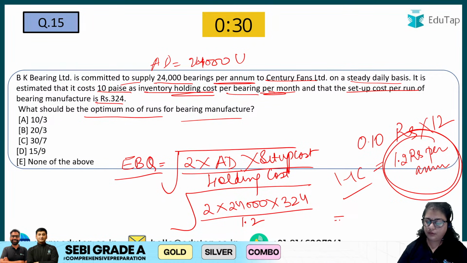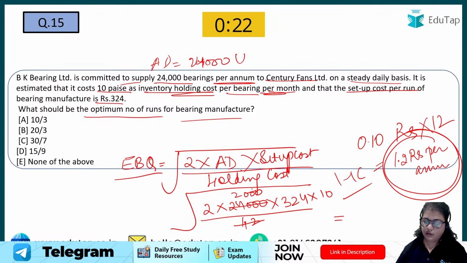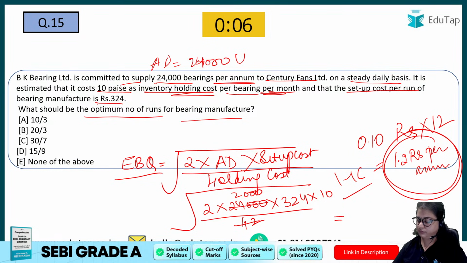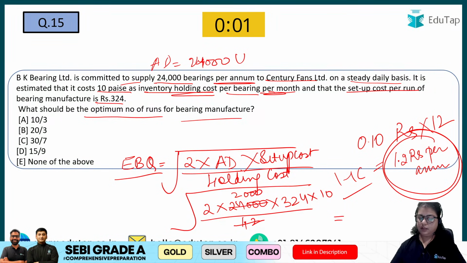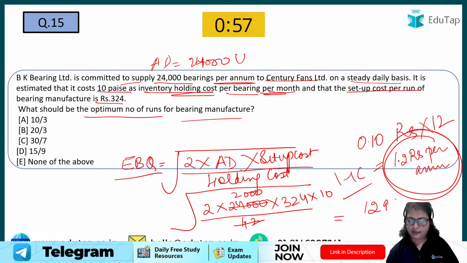Multiplying by 10 to remove the decimal, the denominator becomes 12 and this becomes 2000. So 2 into 2000 is 4,000, into 324, that would be 324 into 4, which is 1296, and there will be 4 zeros.